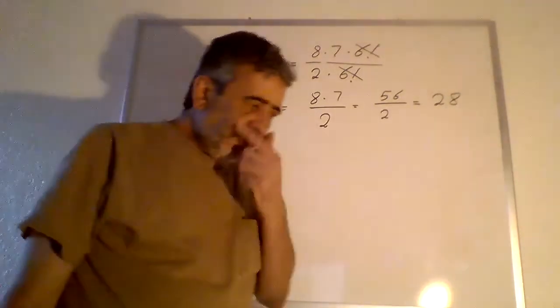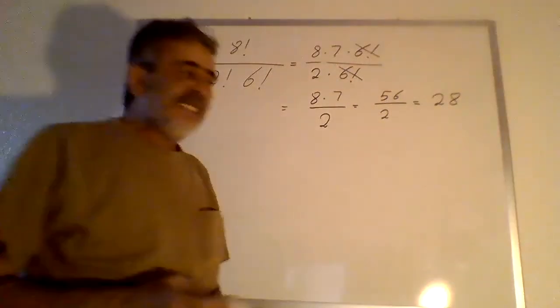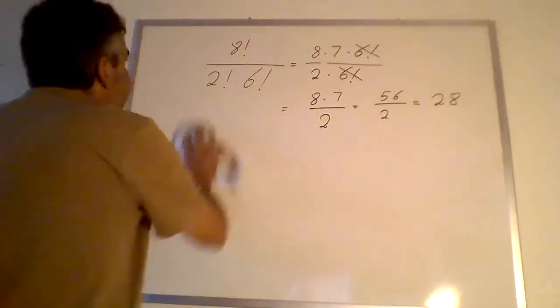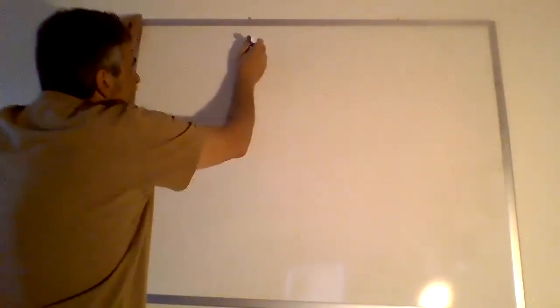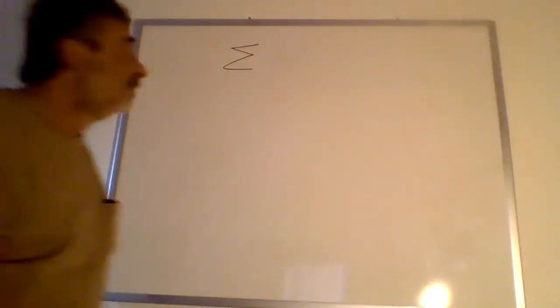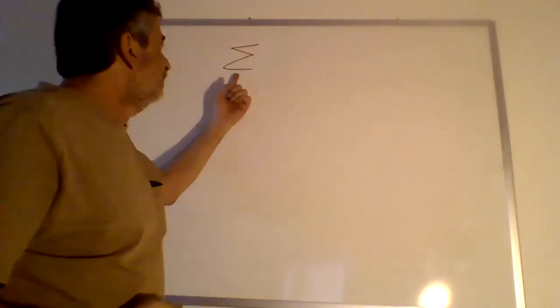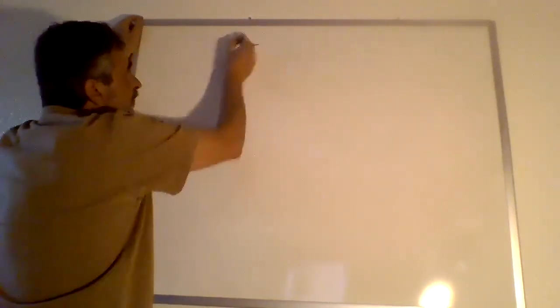Okay. Another notation we're going to look at today is called summation notation. For example, consider this symbol. This symbol is called sum. This symbol is adding whatever is in here from whatever number to whatever number.